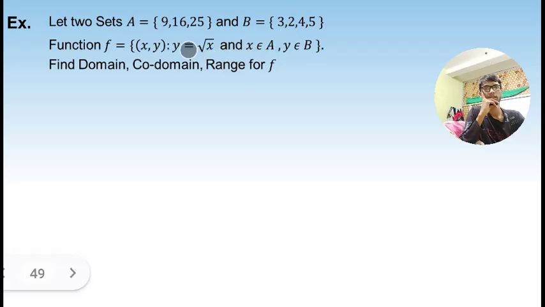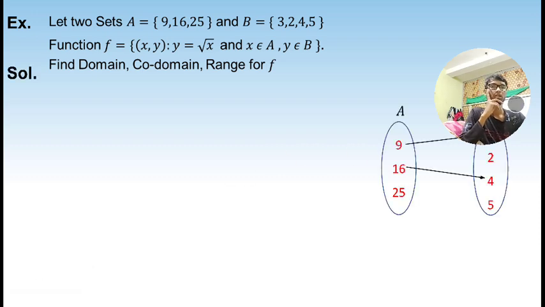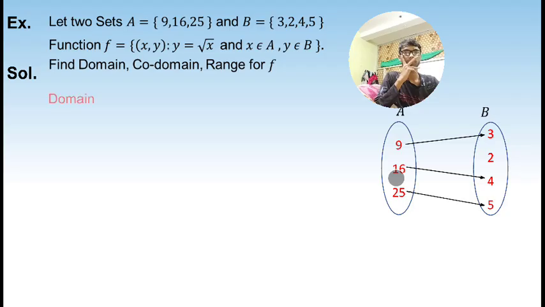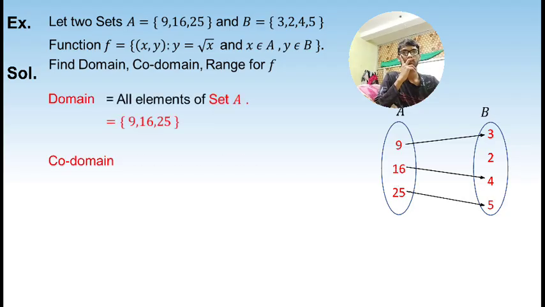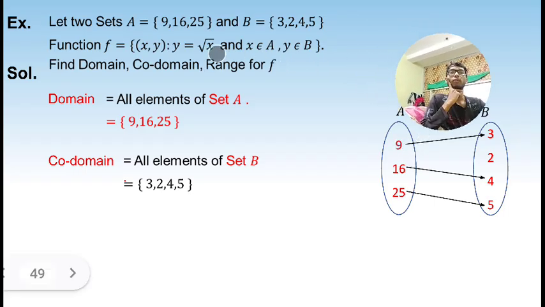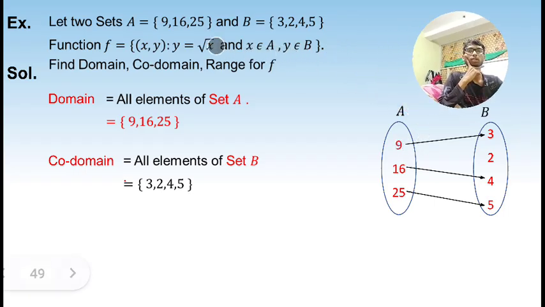If there is a 9, this is 3, so y would be 3. So can we say 3 comma 3, 4 comma 4, then 5 comma 5? When we put x, of course it will give us 3.